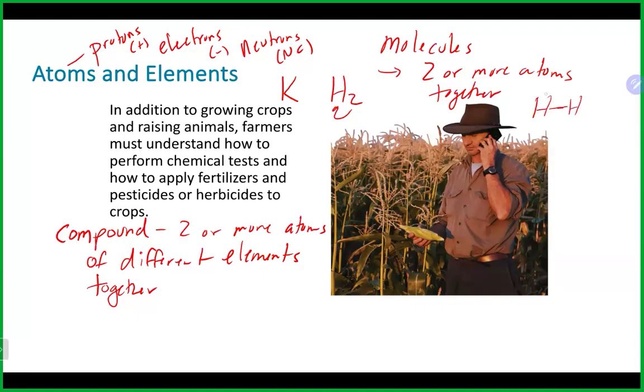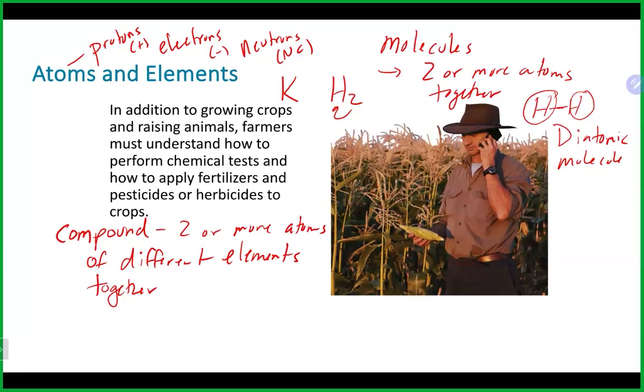And because that is 2 atoms together, that is what is sometimes referred to as a diatomic molecule. Again, di meaning 2, atomic meaning atoms. So it is 2 atoms that come together.